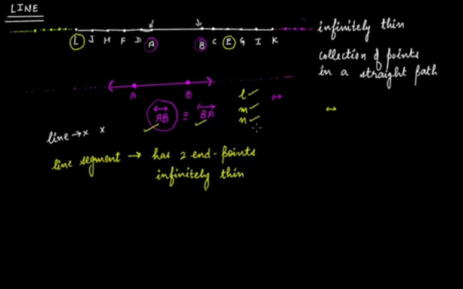That is, it will be confined between 2 endpoints like A and B, or in this case L and E, or even A and E. You just need 2 endpoints between which you take that segment, and that is what a line segment is. Since it has 2 endpoints, it will have a length.